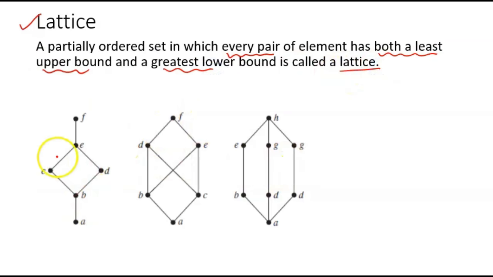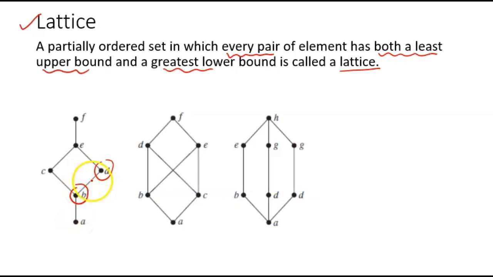And here we have some examples to understand which of them is a lattice. These are all partially ordered sets. In this example, if you take any two elements, for example the elements B and D, what will be the lower bounds of B and D?